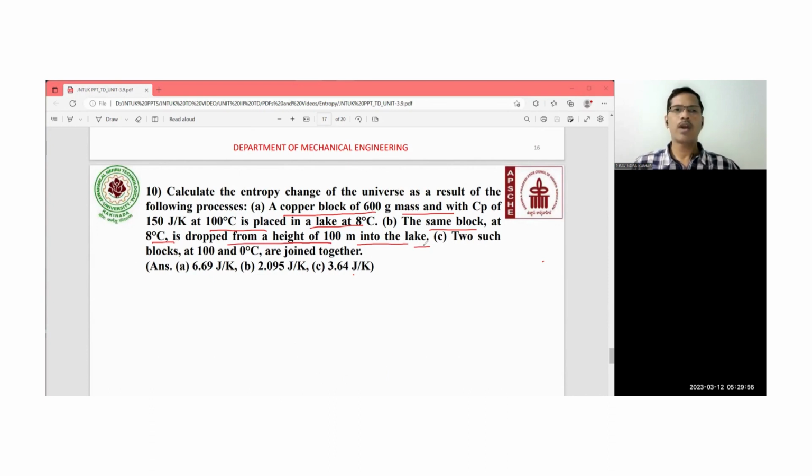Then two such blocks at 100 and 0 degrees centigrade are joined together. Then what is the answer?